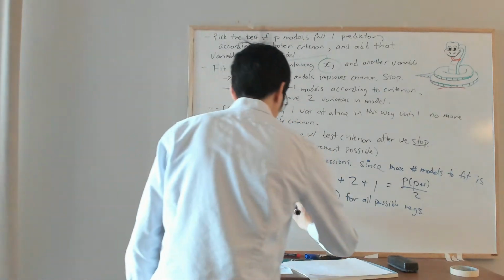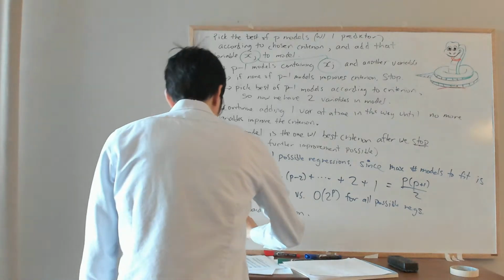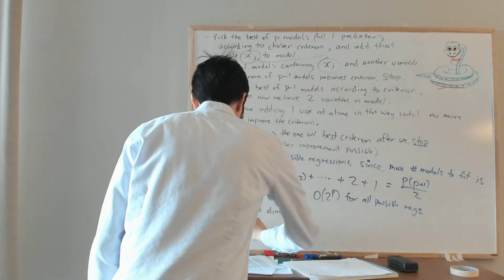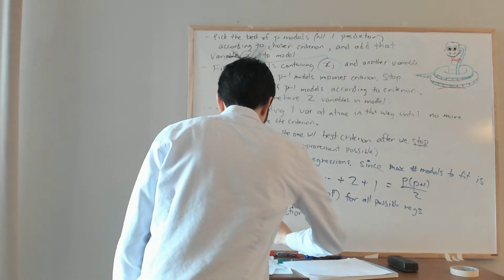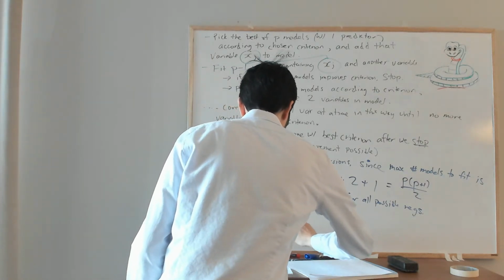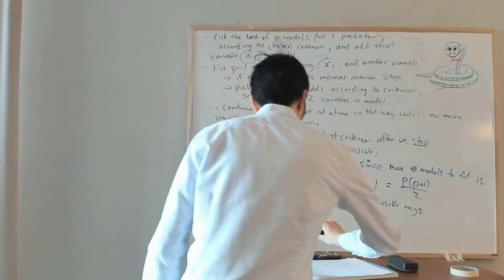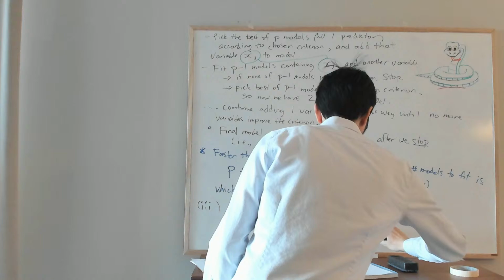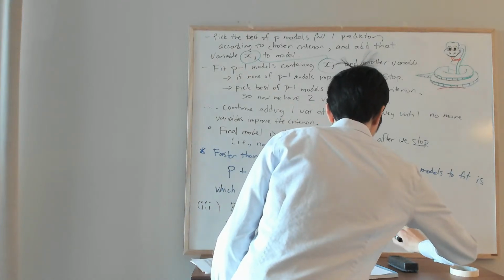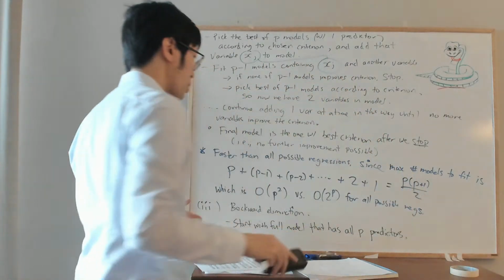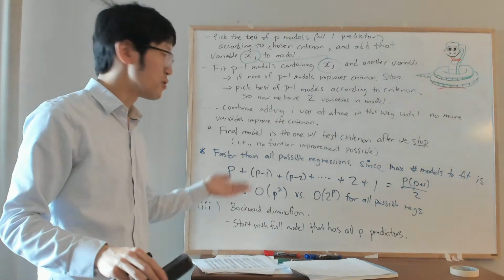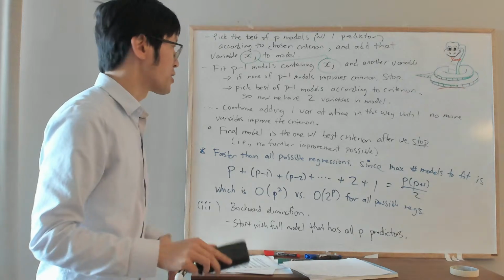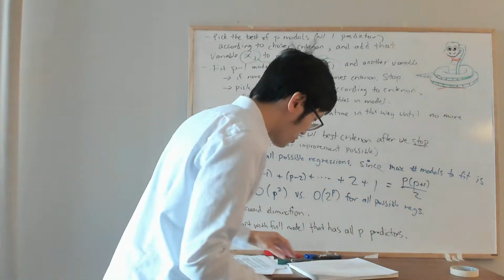It does the procedure in reverse. Start with the full model of all predictors, the model that has all p predictors. Then we're going to proceed in stepwise fashion, taking one variable away at a time until we get to the best model that has been found according to the procedure.